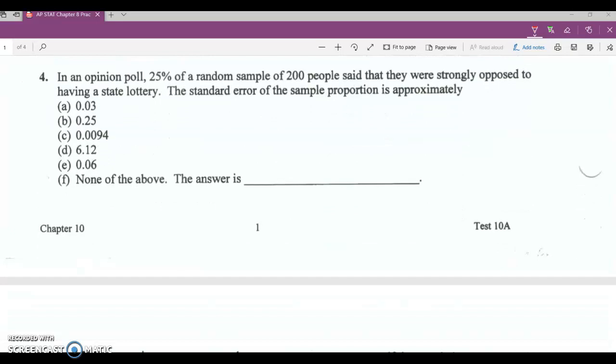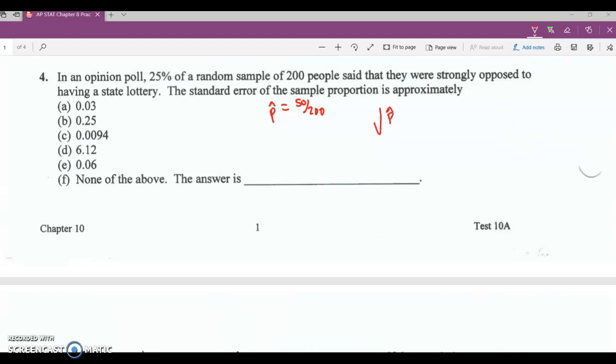In an opinion poll, 25% of a random sample of 200 people, it's a p hat, so that would be 50 over 200, 25%, said that they were strongly opposed to having a state lottery. The standard error of the sample proportion is approximately, so what's our standard deviation formula?